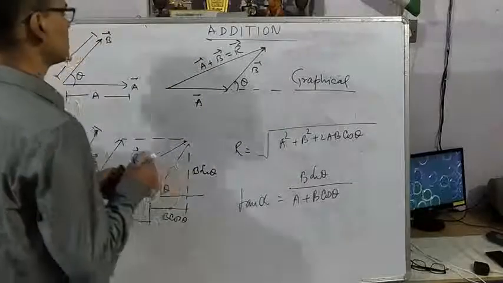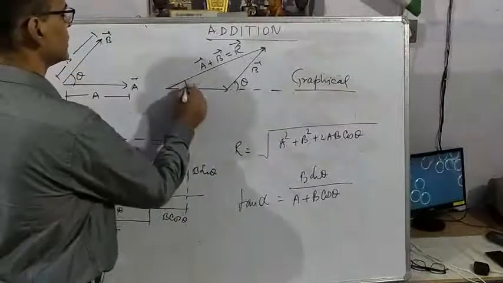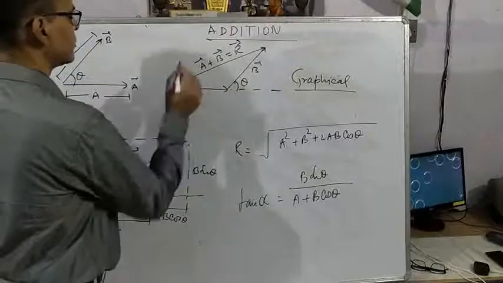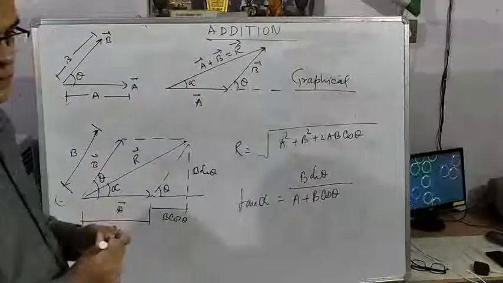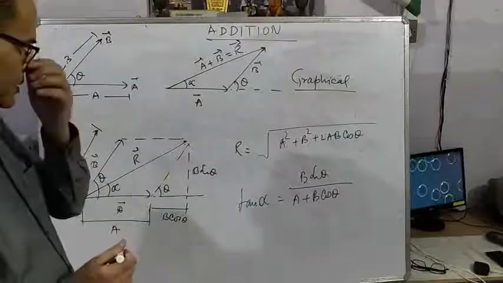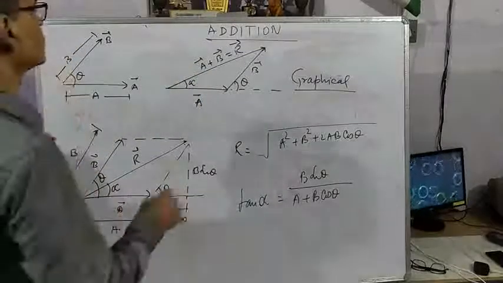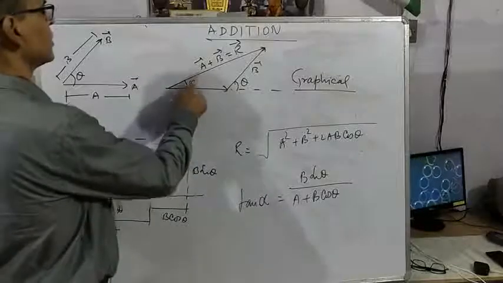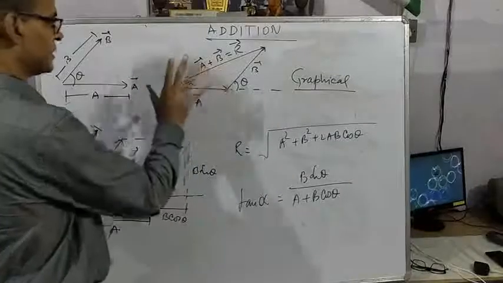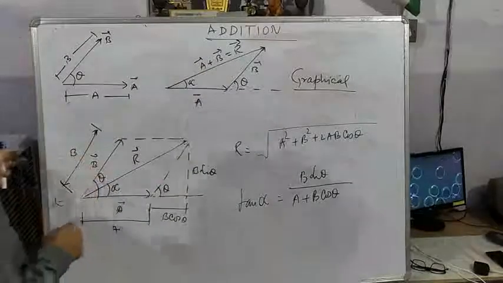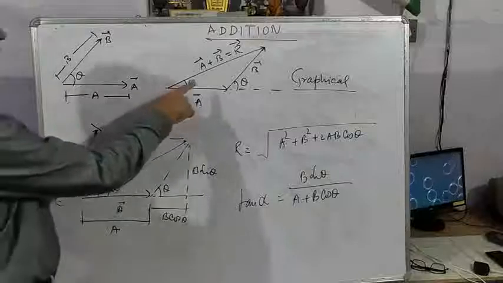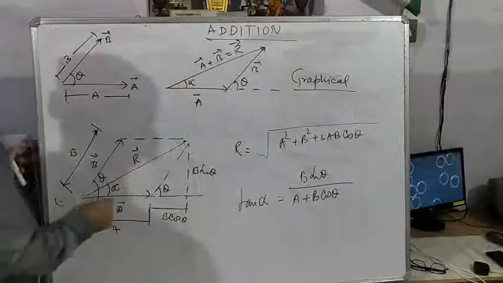And then you measure this angle with compass. So this angle will give direction of resultant. This is graphical method. For this method you need mathematical instruments.